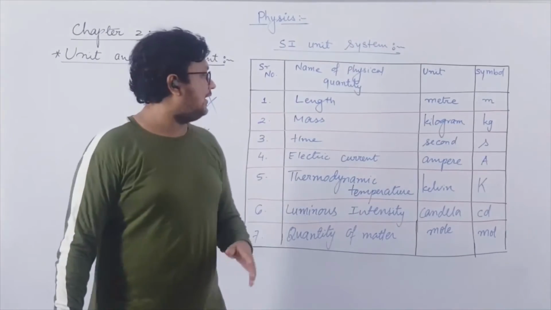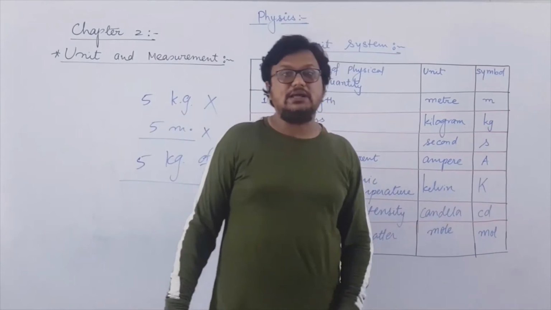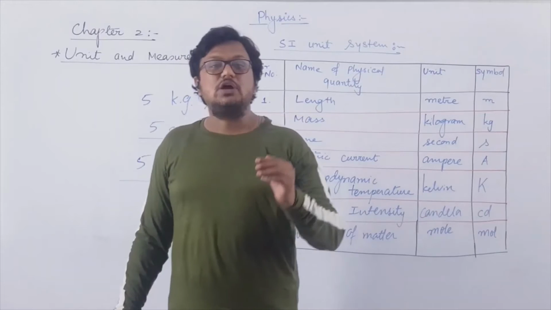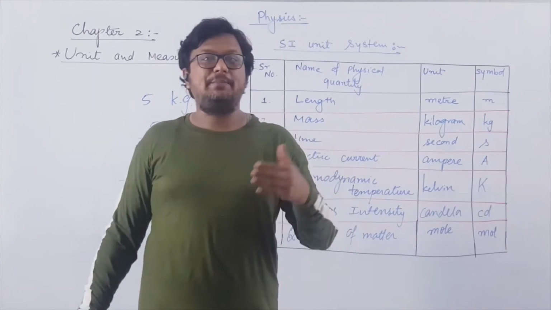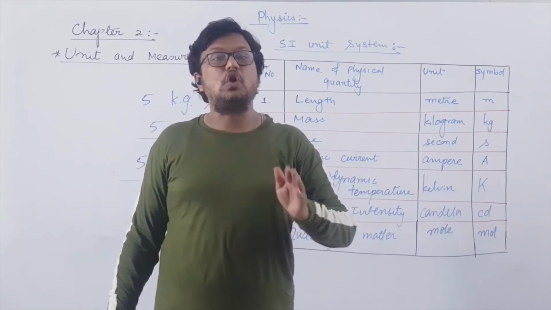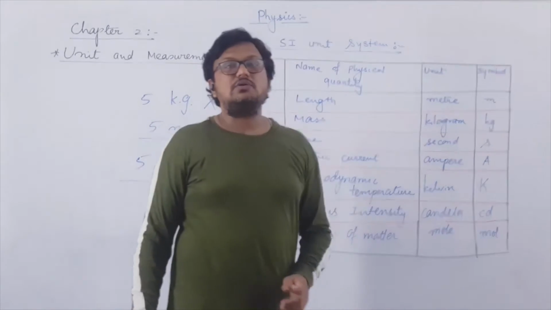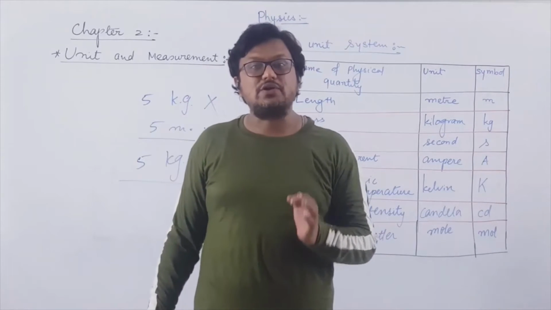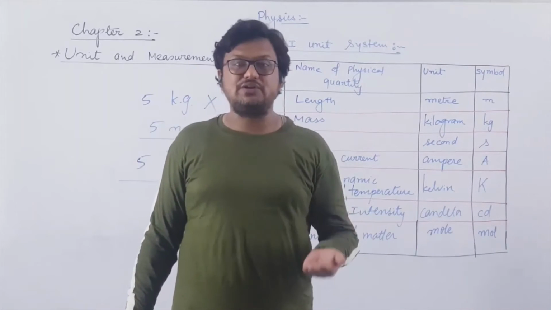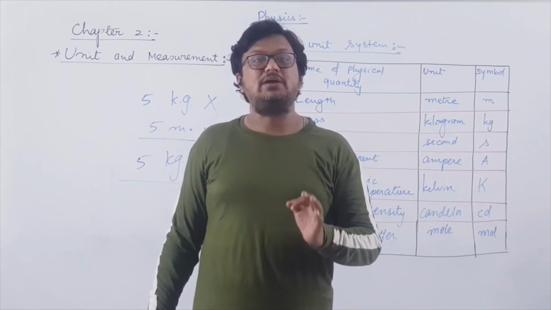In the same way, thermodynamic temperature, Kelvin, capital K, because the unit of temperature is given after the name of a scientist, Lord Kelvin, capital K, right? So if a unit is named after the name of a scientist, then its symbol should always be a capital letter.